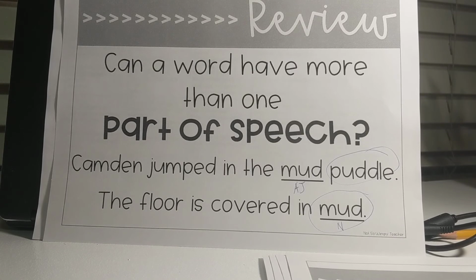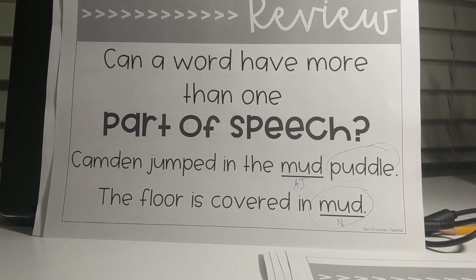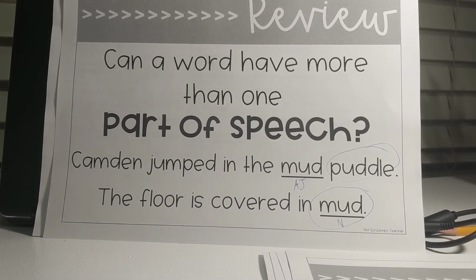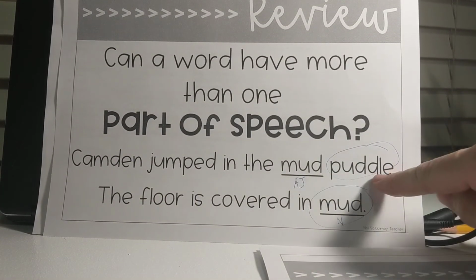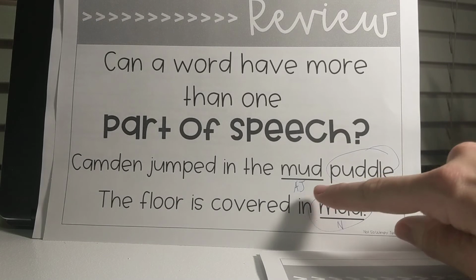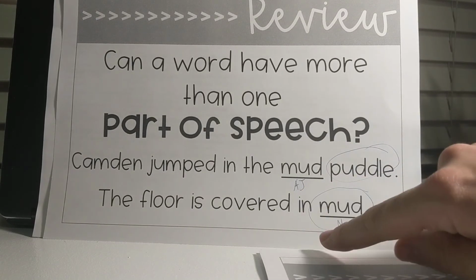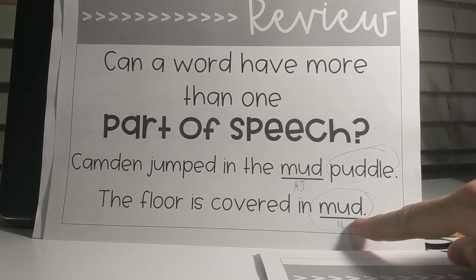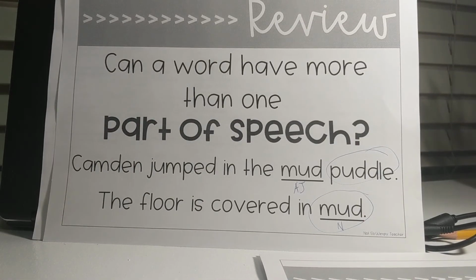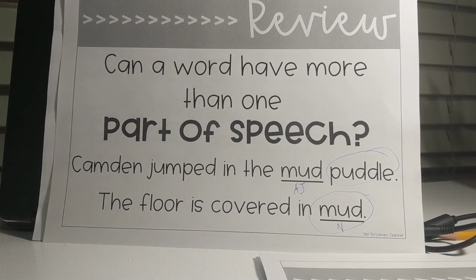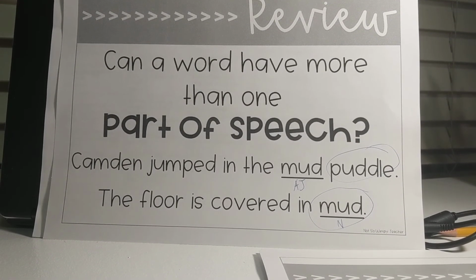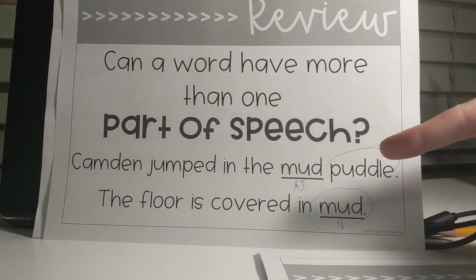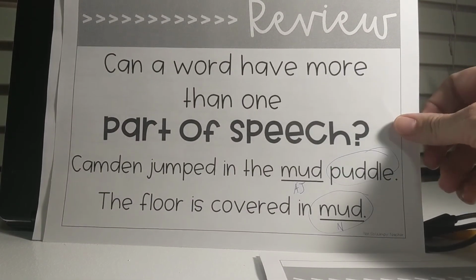The underlined word in both of those sentences is mud because as you read through that sentence, you can see that mud is describing what kind of puddle it is, so that's an adjective. And then here, you can see that mud is a thing that's covering the floor. So you can have the same word be two different kinds of speech.